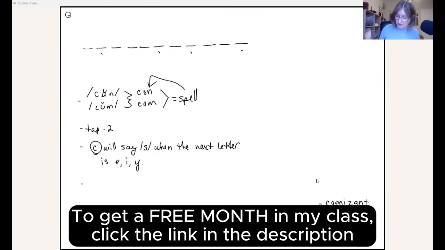And then when you hear E at the end of a longer, multisyllable word, it's usually spelled with a Y.